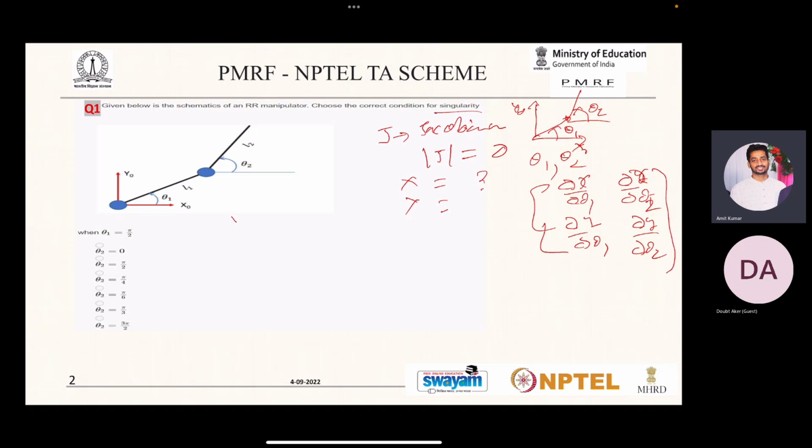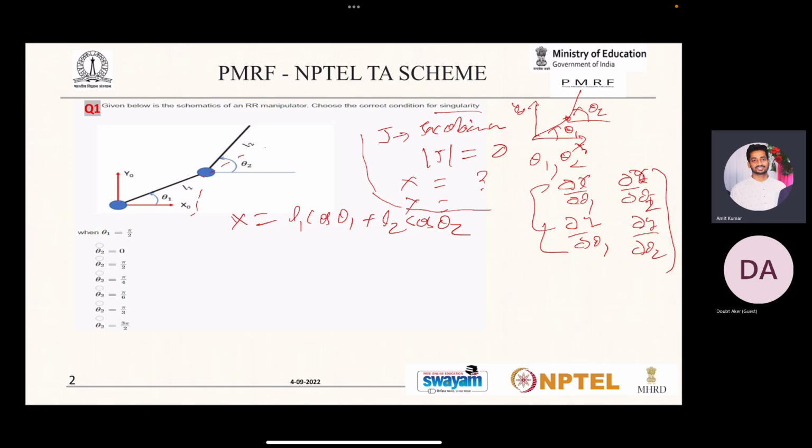So if you write the x expression, what will you get? Taking this component, it will be L1 cos theta 1 plus L2 cos theta 2, because this theta 2 is the angle made from x naught. It is not similar to the case last time, when you said this is not the same as what is shown in the slides.